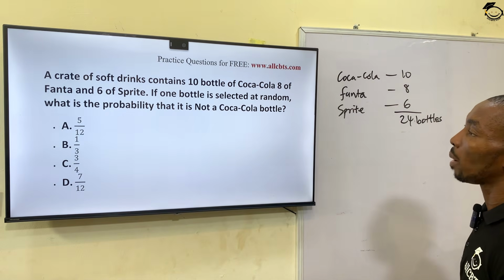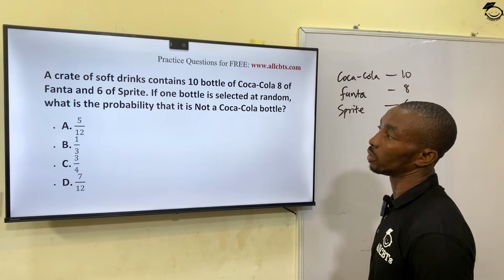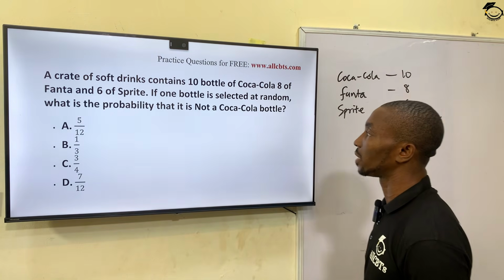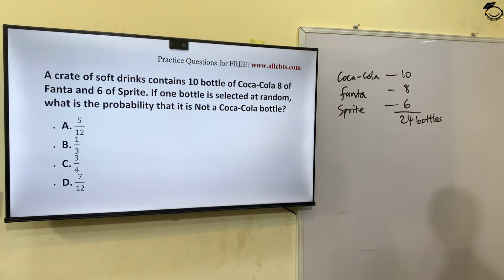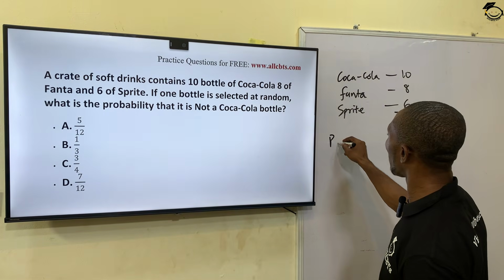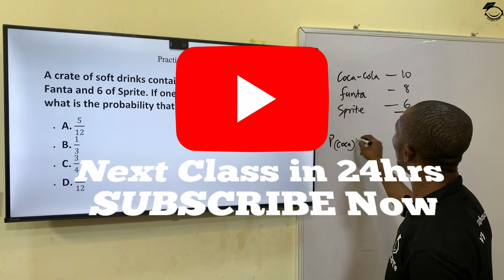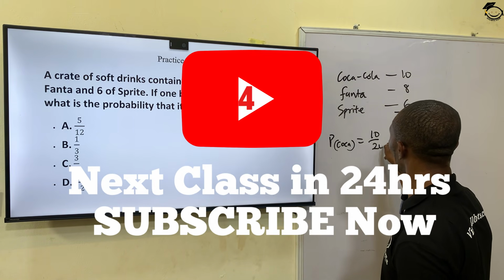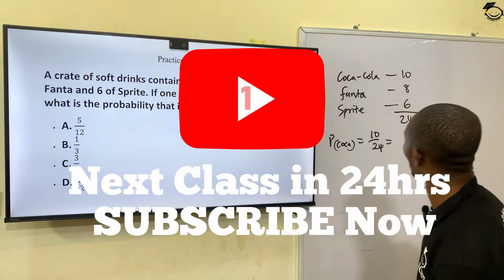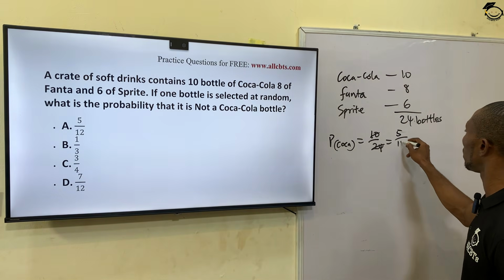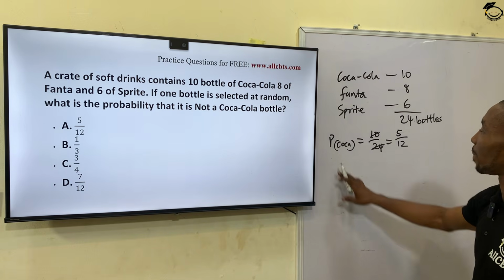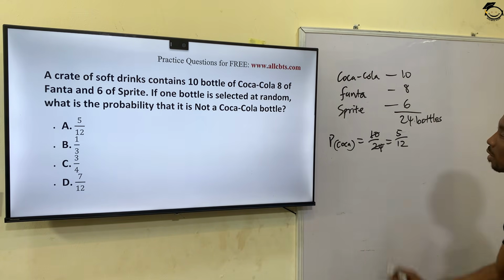Now, if one bottle is selected at random, what is the probability that it is not a Coca-Cola bottle? Now, probability of Coca-Cola would be 10 over 24, which when reduced to its lowest term would give us 5 over 12.